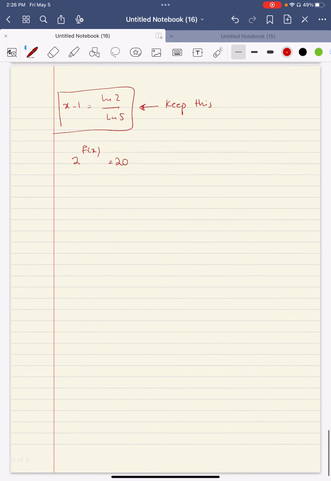Yes. Again, I have f(x) as the power. I have to apply ln to both sides of the equation. So it will be ln of 2 to the power of f(x) equals ln 20, right?